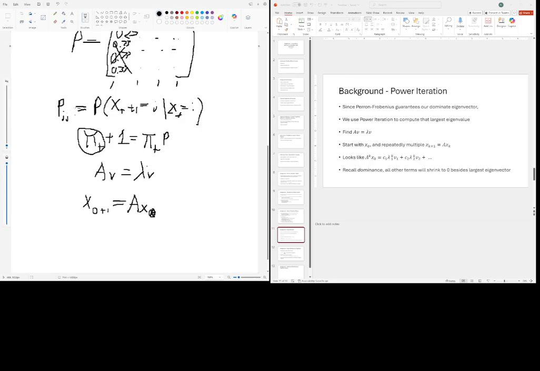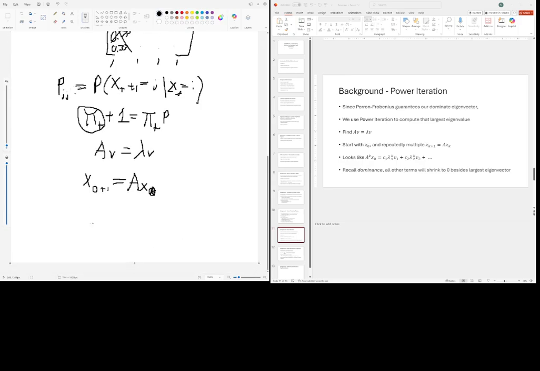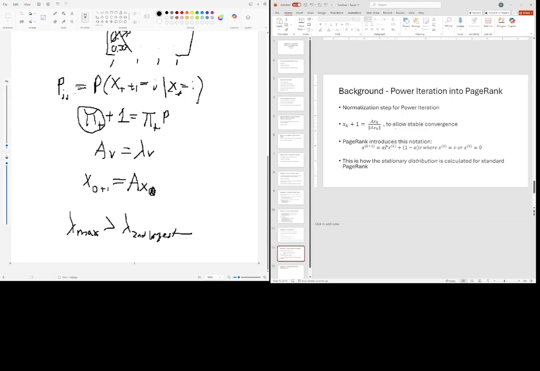The c's are just constants. If we recall dominance, where our max eigenvalue is bigger than our second largest, these terms will shrink to 0 as we keep multiplying. And to make sure this converges stably, we normalize the vector we're using.